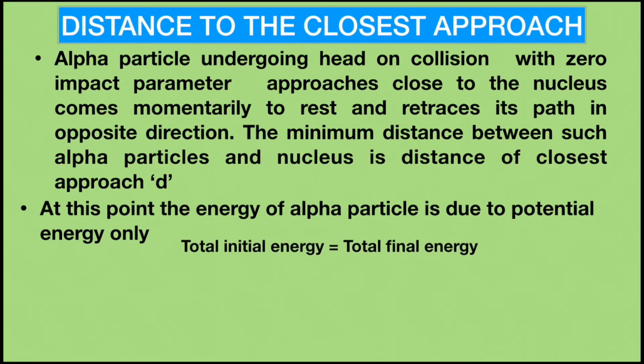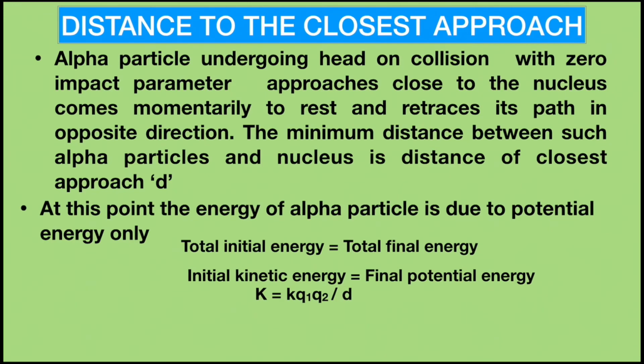So, total initial energy would be equal to total final energy. This we are taking from the law of conservation of energy. Initial energy is because of kinetic energy only, and final energy at this point is because of potential energy only.